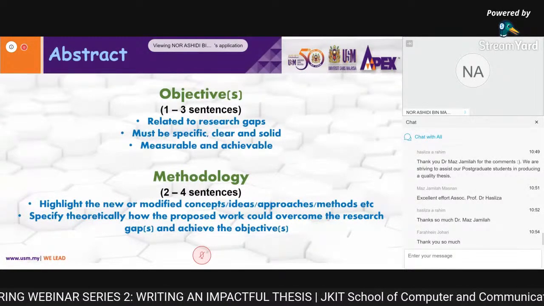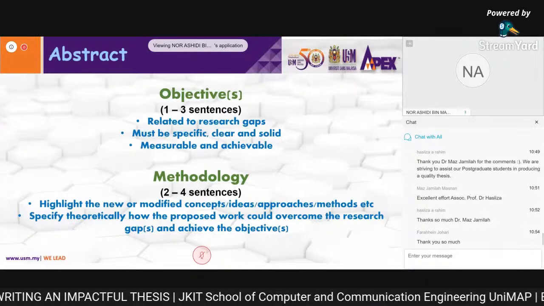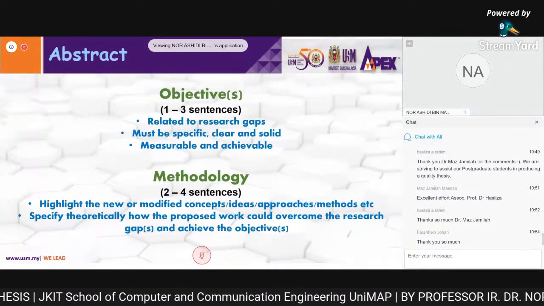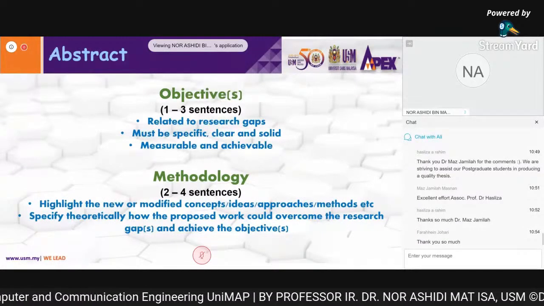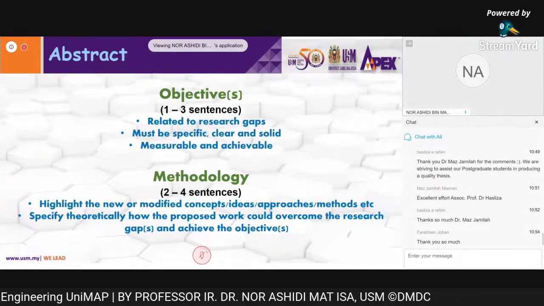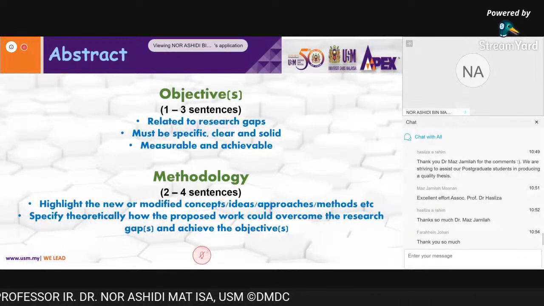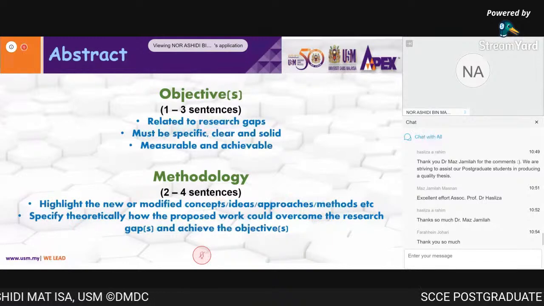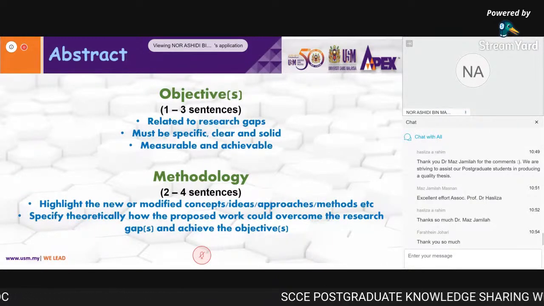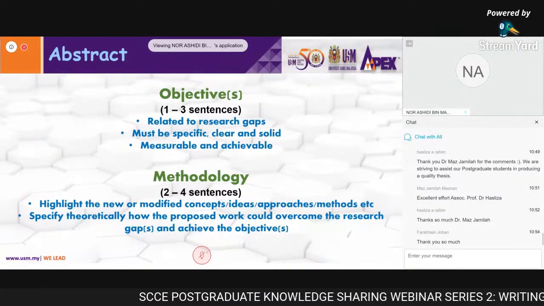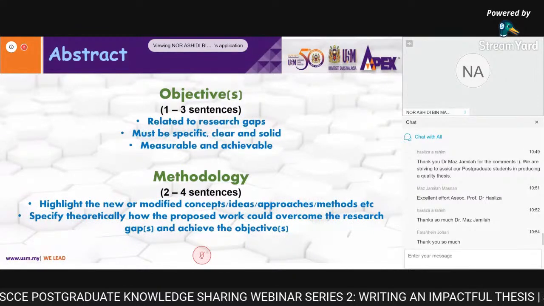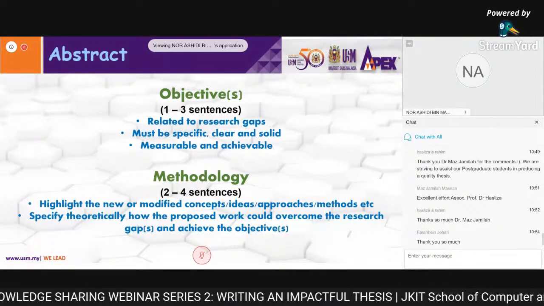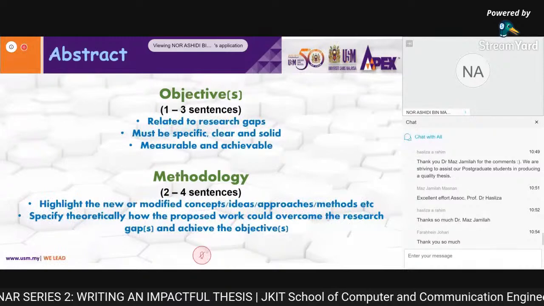That's why for me, you have to have a good research gap. You must have a good literature review, because everything now will go back to your research gap and your literature review. Without a solid research gap, your thesis will not be a good one. Trust me, literature review is very important.